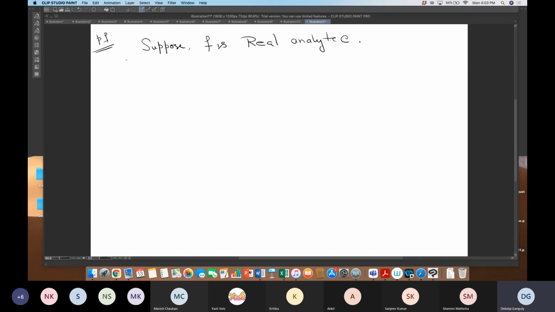Fix some point x naught belonging to omega.